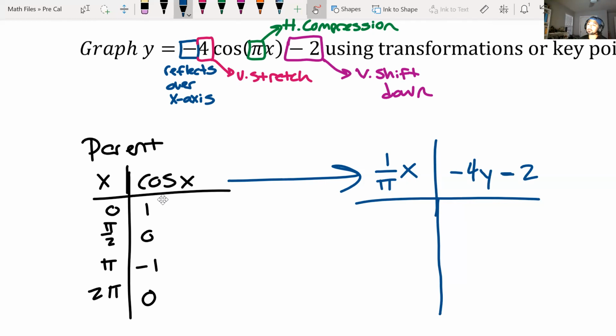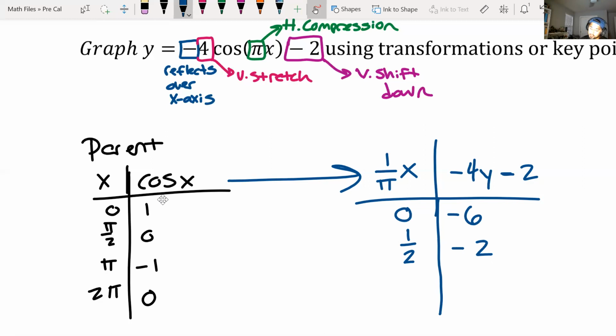Let's do it. Well, 1 over pi times 0 is 0. And then -4 times 1 is -4. -4 minus 2 gives me -6. And then pi over 2 times 1 over pi, your pi's will cancel and give me 1/2. -4 times 0, 0. 0 minus 2 gives me -2.